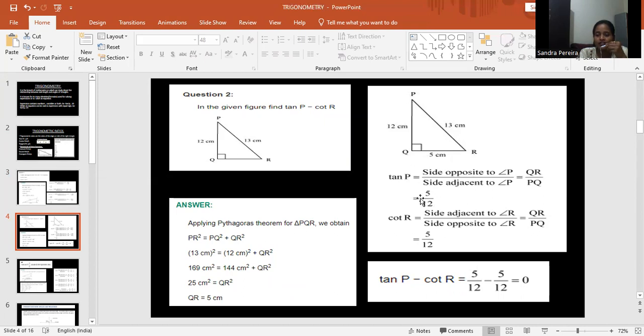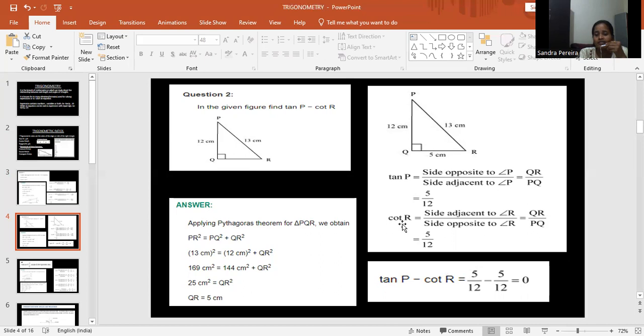And we put the values, we got 5 by 12. And the second term, cot R, we have to find, because the expression given is tan P minus cot R. We already found tan P is equal to 5 by 12. Now we will find cot R.